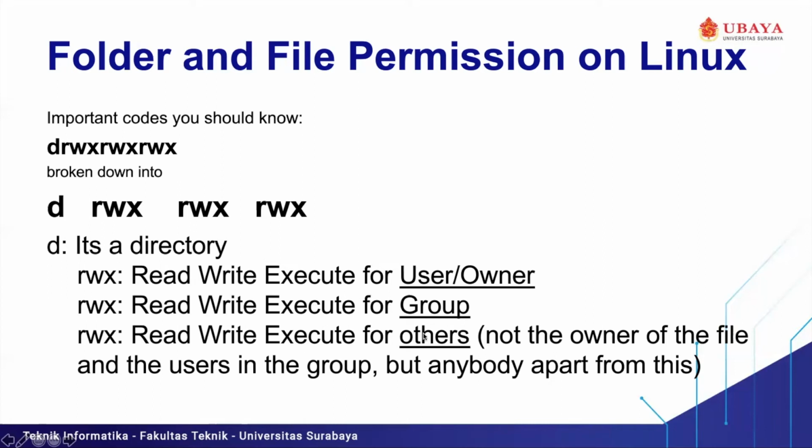Muhammad is not in the same group as Farid and Naufal, but it can also read, write, and execute. So this is for the owner, this is for the user which has the same group as the owner, and this one is for another user not in the same group as the owner of your operating system.